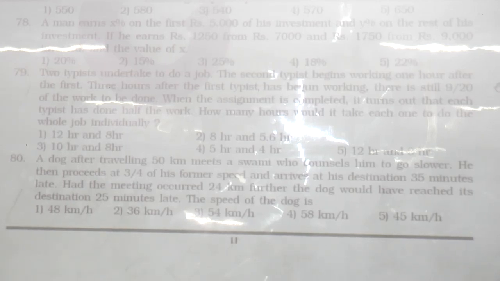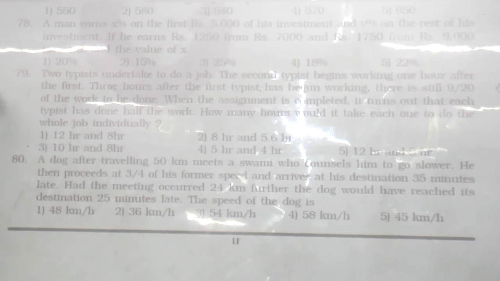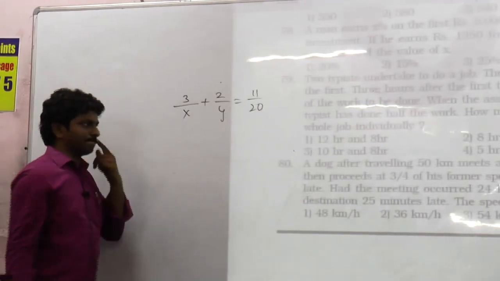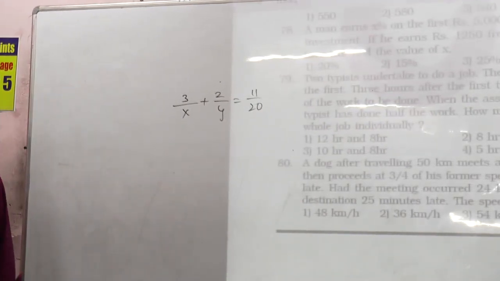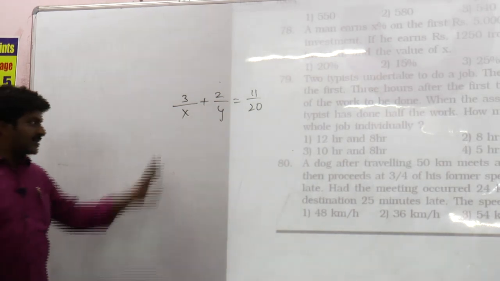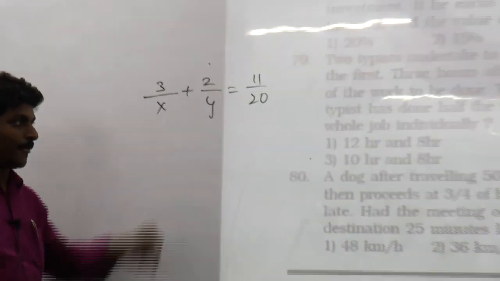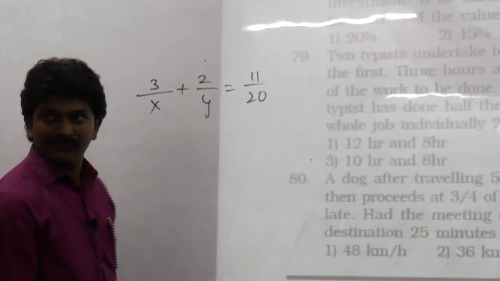3 hours work of X plus 2 hours work of Y is equal to 11 by 20. Yes or no? Right? We asked about values of X and Y. Substitute values here.